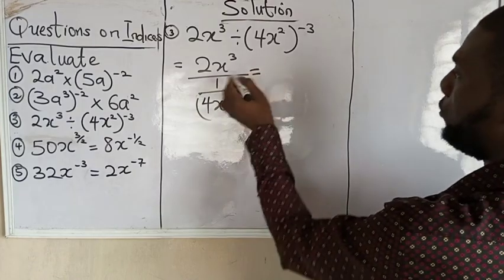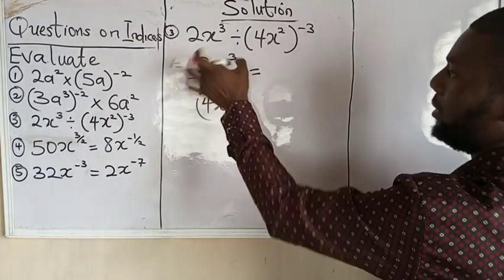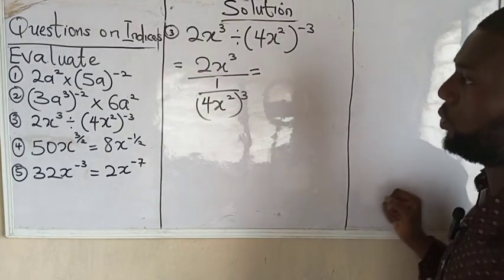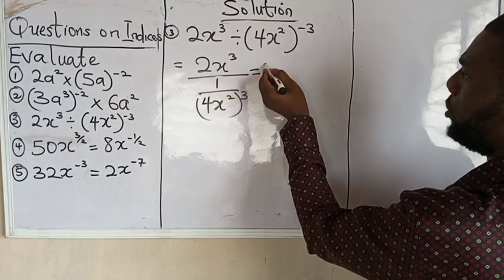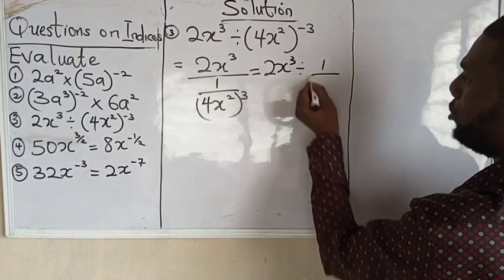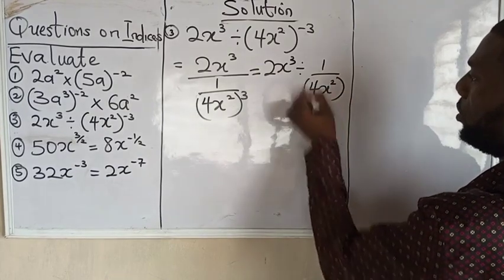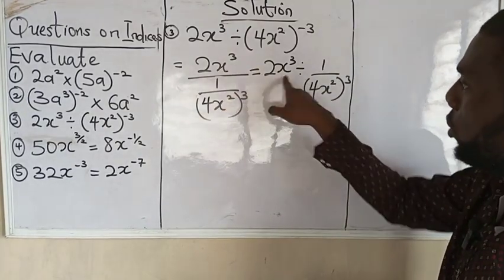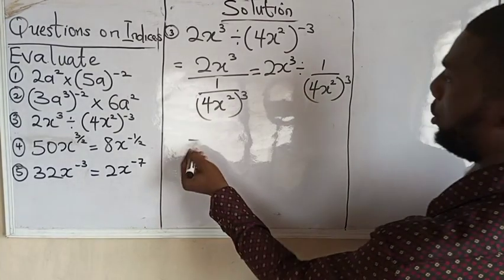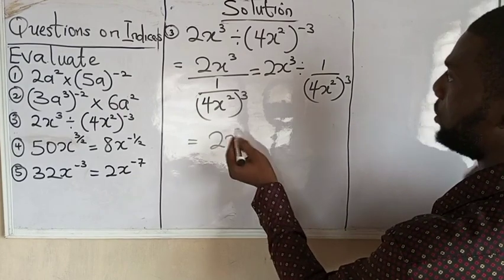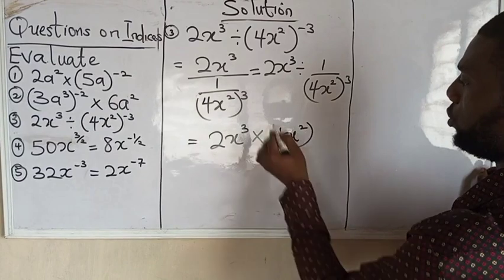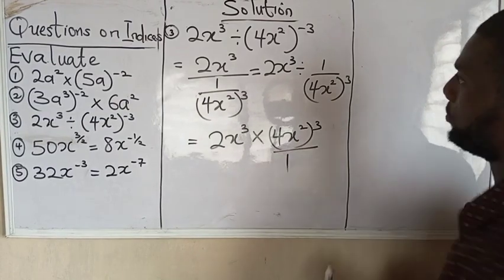So from here I can say that this is my numerator and the whole of this is my denominator. So how do I transform? I can say this is numerator divided by denominator, which in turn will mean 2x raised to power 3 times 4x raised to power 2 over 1.